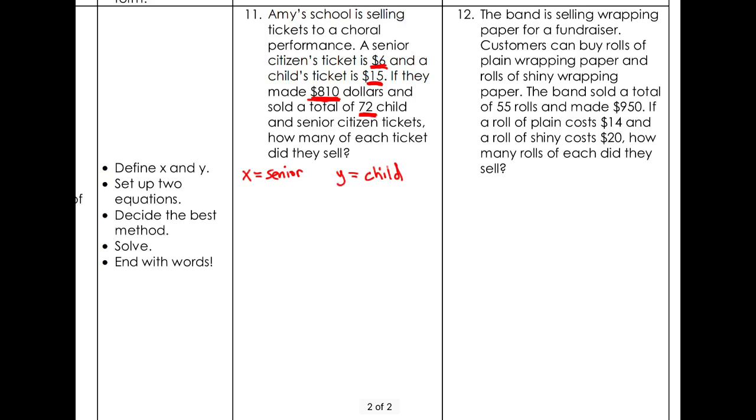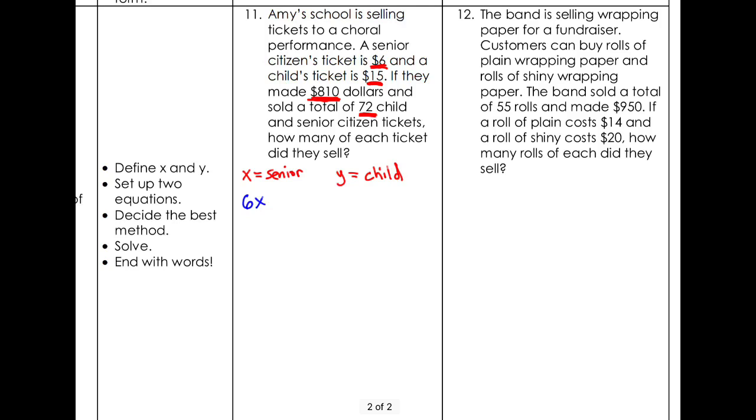Okay. So, how do we begin to write our system? I like to always look at things as the per cost. And so a senior ticket is $6 per. So I know I can write that as $6 per, and that's per senior ticket, since X is for seniors.